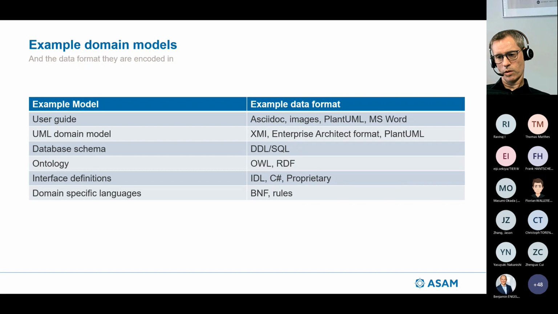And the UML domain models, we have several among our standards. They are encoded in an Enterprise Architect proprietary format. You can encode them in PlantUML or in XMI. XMI is a standardized format that represents UML models, and you can also export XMI from Enterprise Architect, for example.